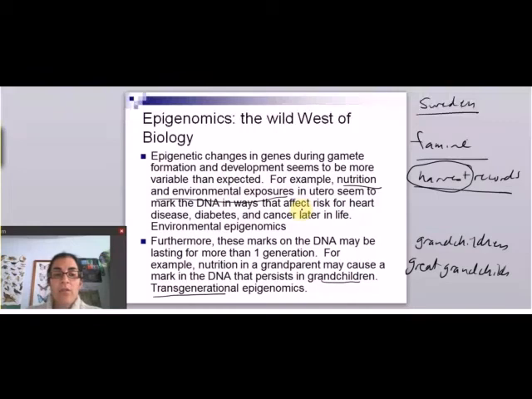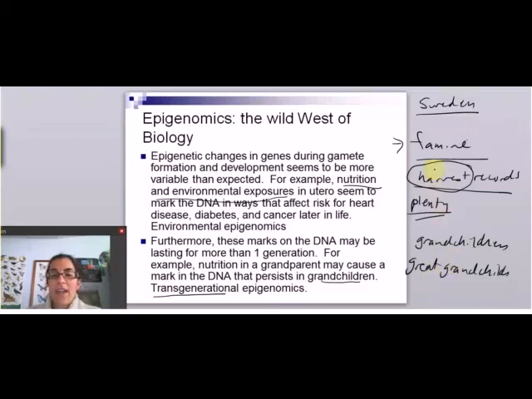And what they found was that if a grandparent experienced famine, then grandchildren and great-grandchildren were less likely to be obese and have diabetes. So in other words, if they had years of plenty, then grandchildren and great-grandchildren were more likely to be obese and have diabetes.